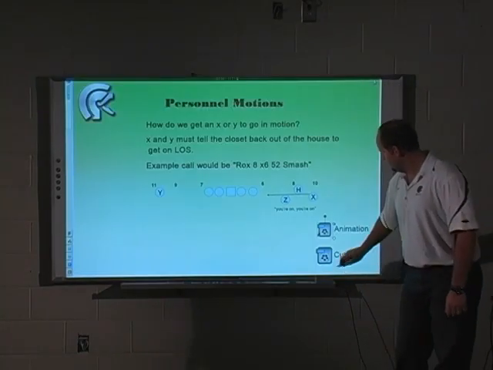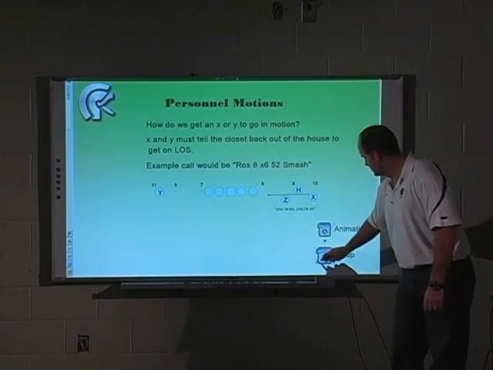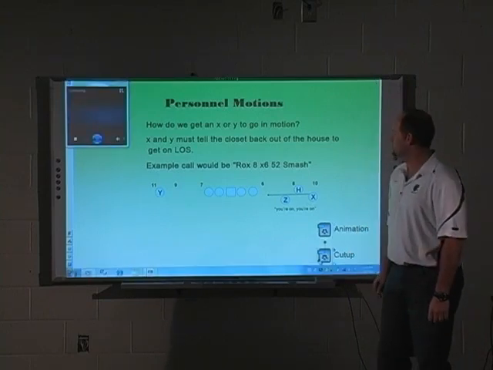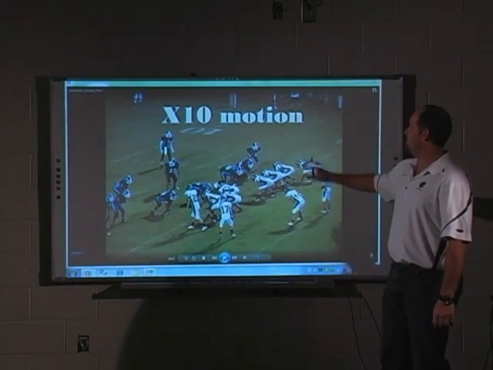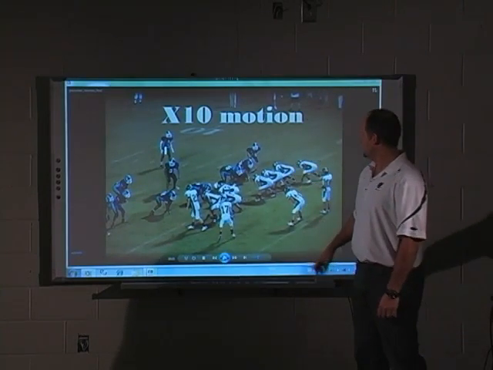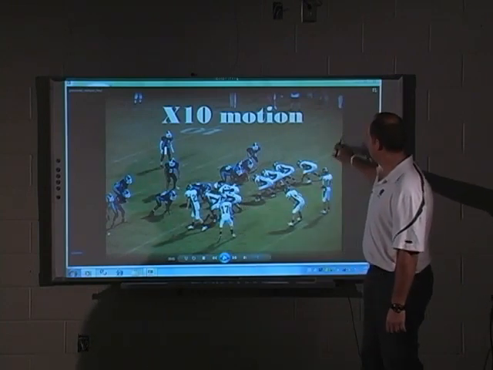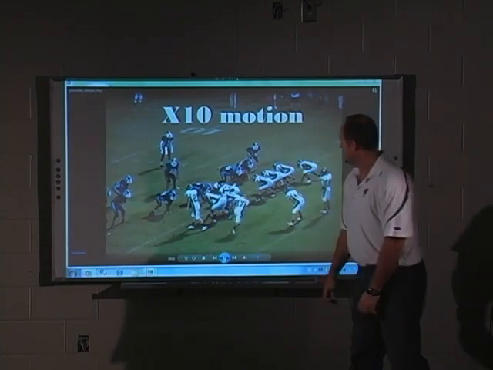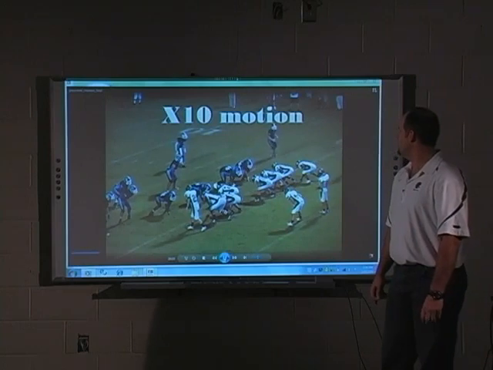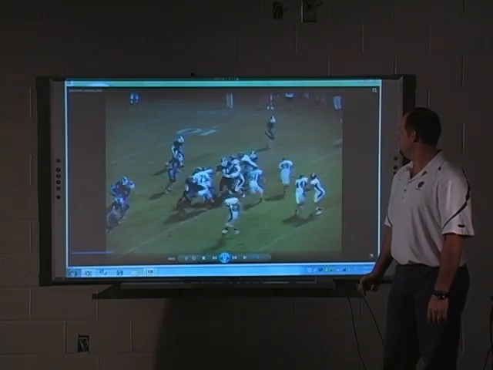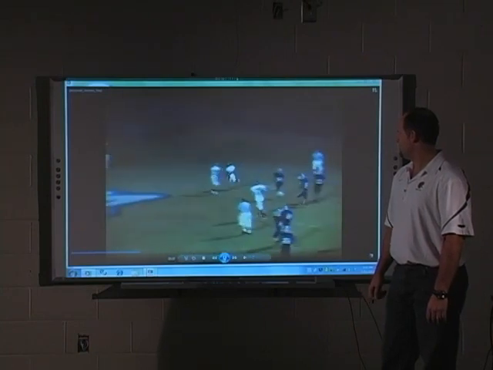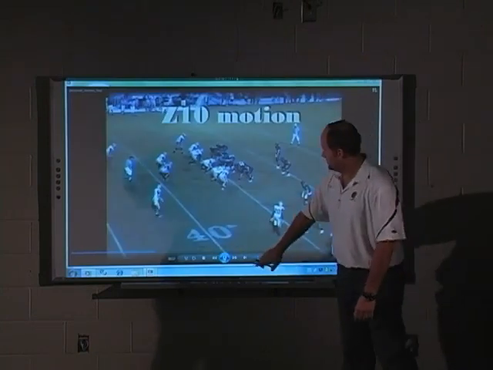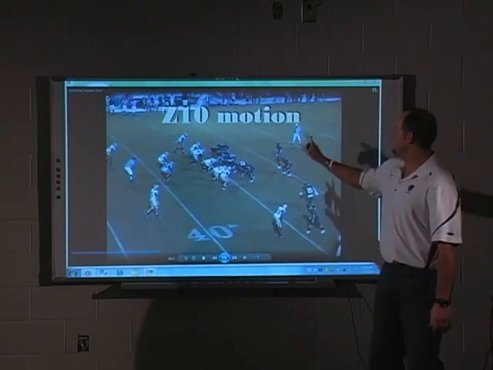What I want to do is give you also some cut-ups of some of the motions that we've run. And as you can see right here, we've got an X motion. It's called X10. So we're running the X to the 10 spot way out here. And then we're going to run a play right off of it. Next we've got a Z motion.